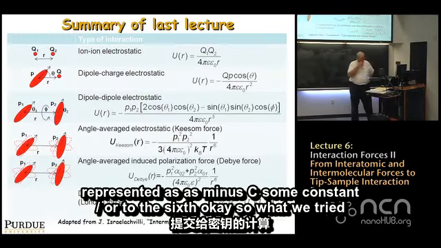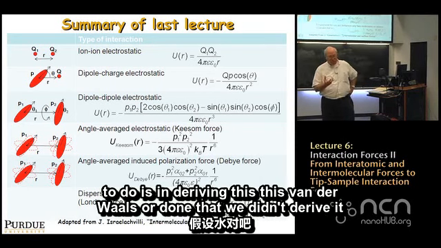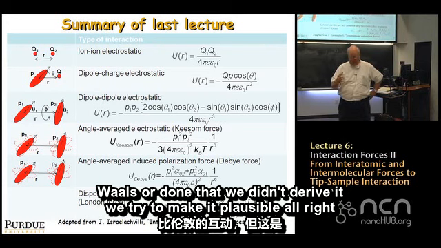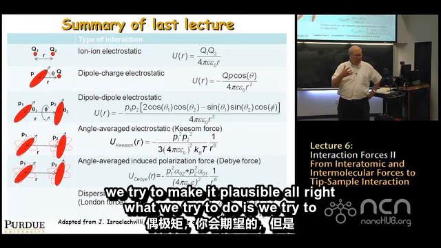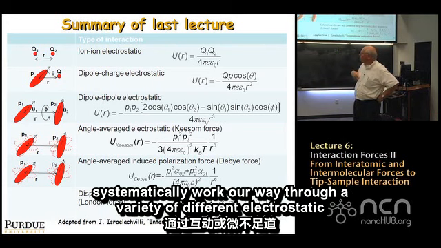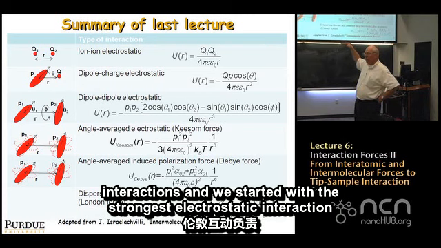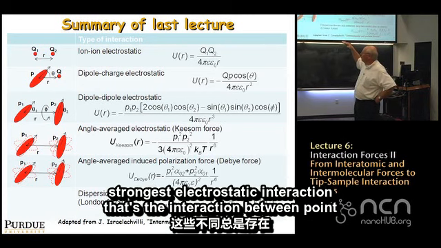So what we tried to do, in deriving this van der Waals, we didn't derive it, we tried to make it plausible, is we tried to systematically work our way through a variety of different electrostatic interactions. And we started with the strongest electrostatic interaction. That's the interaction between point charges.